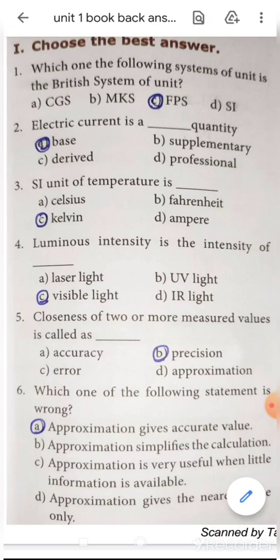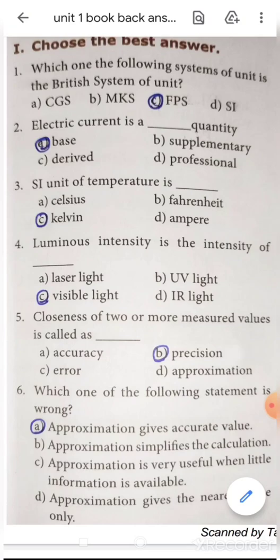Second, electric current is a dash quantity: base quantity. We already studied the 7 fundamental units, that is the base. Electric current is one of the fundamental quantities, so the answer is base. Third, SI unit of temperature: Celsius, Fahrenheit and Kelvin all measure temperature, but Kelvin is the SI unit.